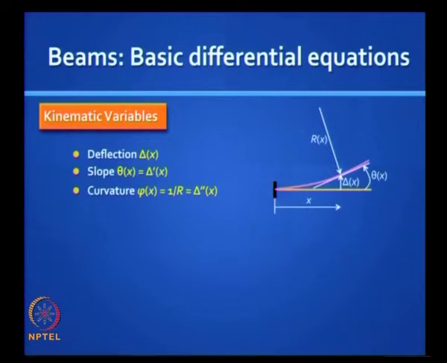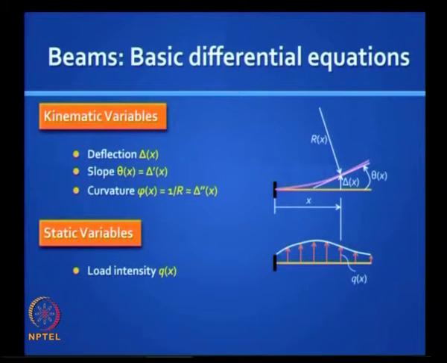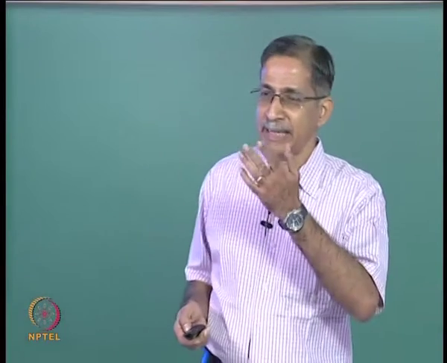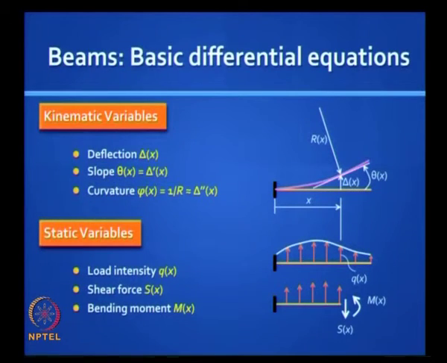Okay, so this is something we begin with, and then you have static variables. What are the static variables for a beam? You have the load intensity, which is usually given to you, shear force and bending moment. Right, perfect. So again these are the sign conventions we will assume.